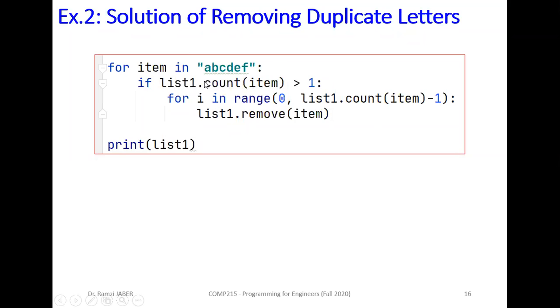So we get inside the if condition, for I in range 0 to list1.count item minus 1. The count here equals 3 minus 1, which is 2. So I will be from 0 to 2 minus 1, so 0 and 1, only 2 items. Okay.